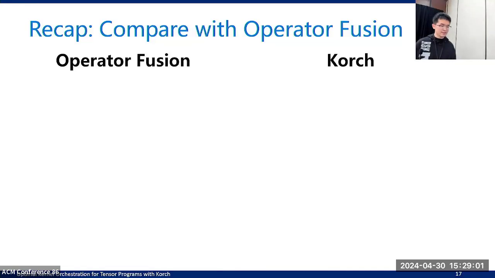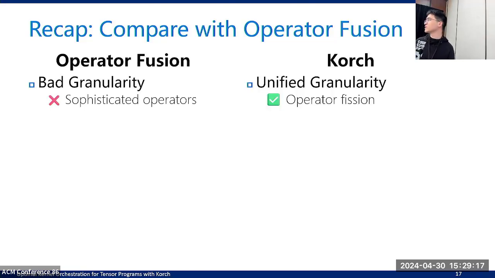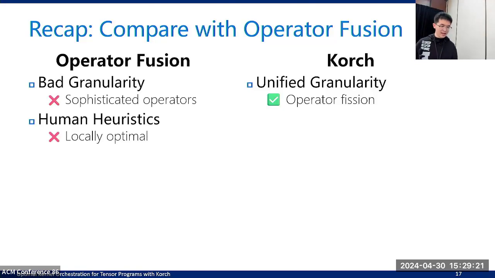Okay, now let's do a recap to compare Korch with operator fusion. Operator fusion suffers from bad granularity and cannot deal with sophisticated operators very well. But Korch first applies operator fission to ensure a unified granularity. Operator fusion is based on human heuristics and is always locally optimal.